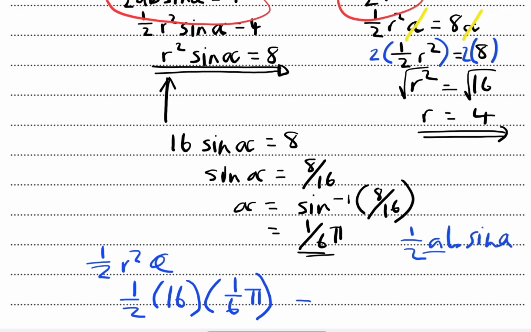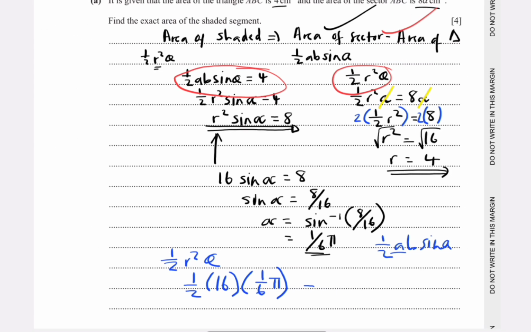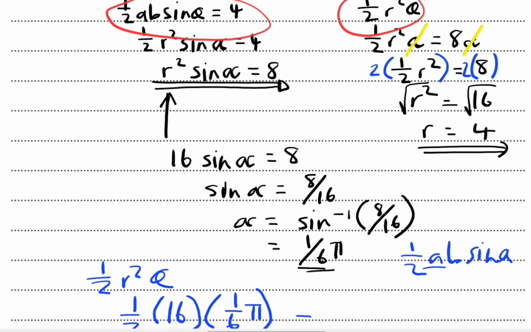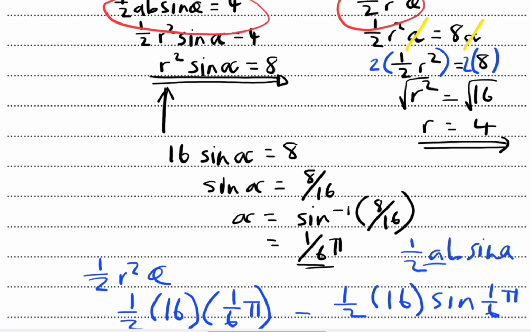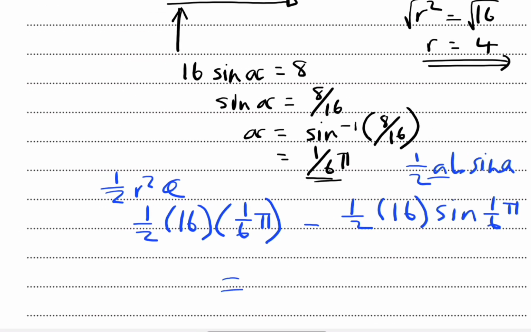AB is just 4 times 4, since A and B are both equal to 4. So it's half 4 squared, which is 16, sine 1 over 6 pi, right? And punching this, we get 1 and a third pi for this part, minus 4, right?